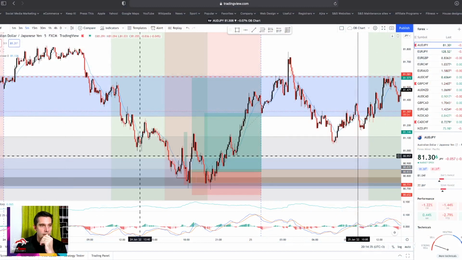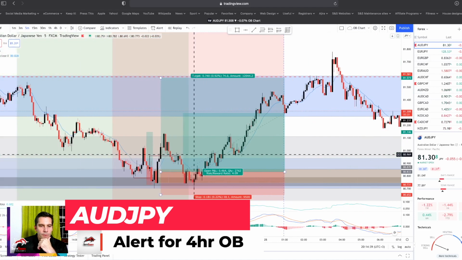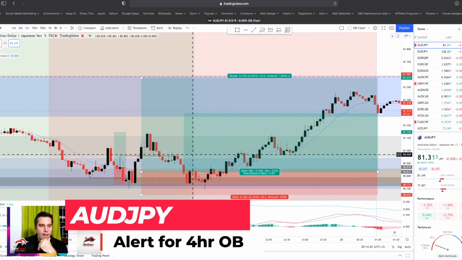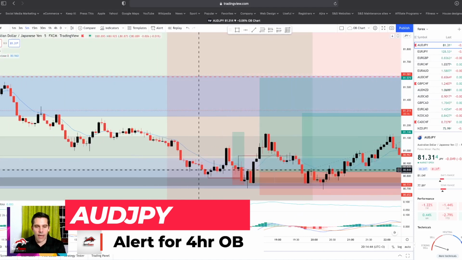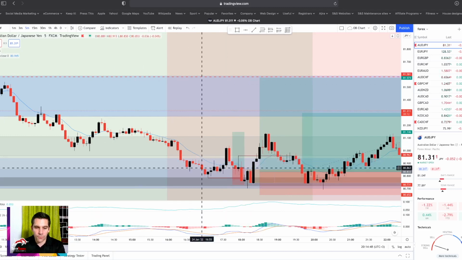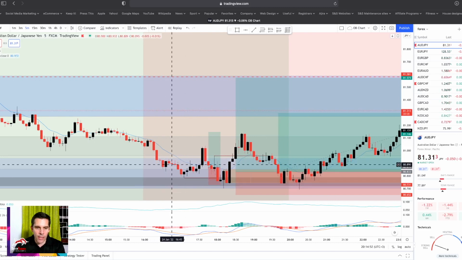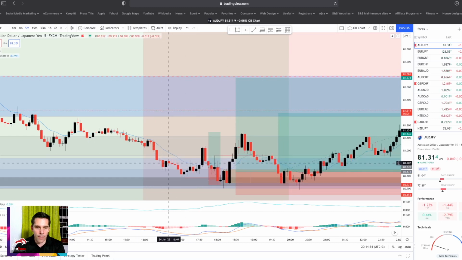It was AUD JPY. So I need to zoom in for the first one. As you can see, the blue line here is our 4-hour OB. We ended up getting a CHoCH here, a change of character, where we had a breakdown.